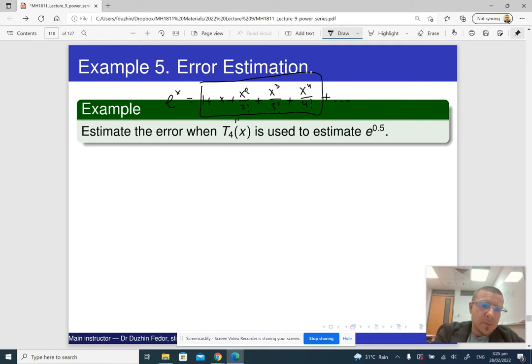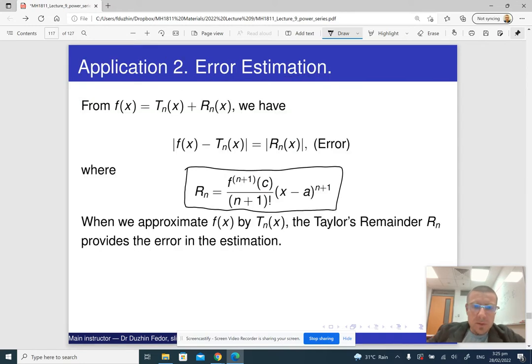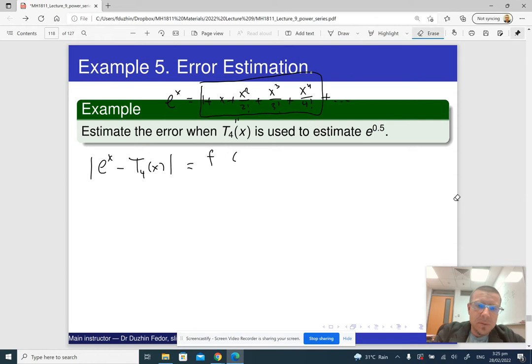We know that e to the x minus this T4 of x is going to be the n plus first derivative evaluated at c, over n plus 1 factorial, times x to the n plus 1.